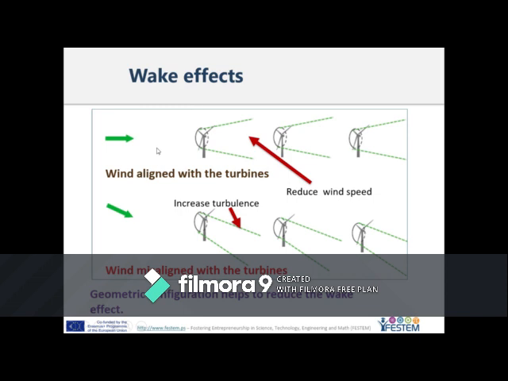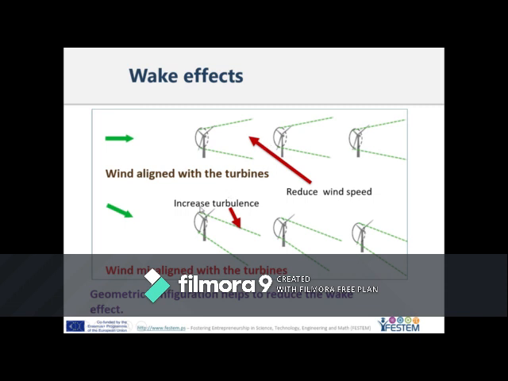The wake effects, this is what we're talking about. This is increasing turbulence and reducing wind speed. Usually, when you align turbines, as you can see here, the wind goes through, and in this area the wind speed is reduced.